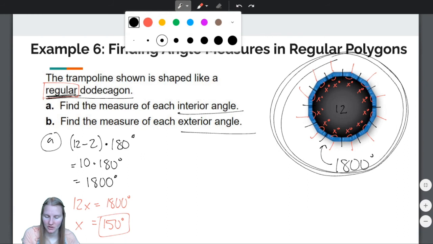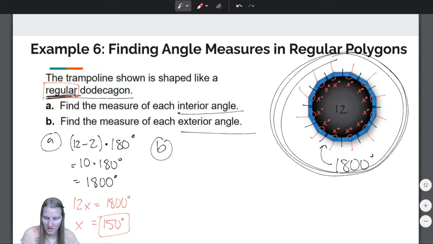Okay. So now, we're going to move on to part B. We're going to look at the measure of each exterior angle. Well, wait a minute. The polygon exterior angles theorem said that when we talk about the sum of the measures of exterior angles, we're talking about one at each vertex.